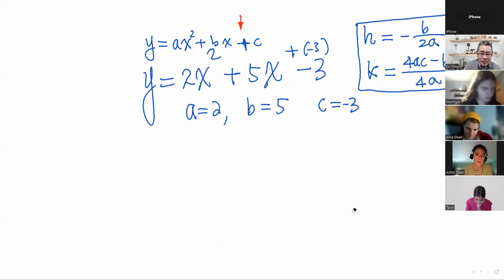Yeah, make sure the sign, okay? Yeah, make sure the signs are good, okay?